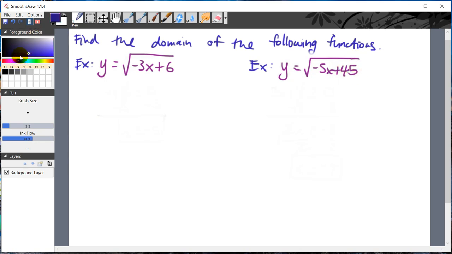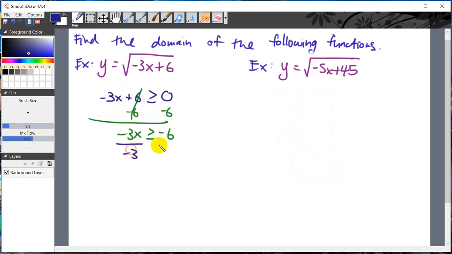All right, here we go. In order to find the domain of these functions, we need to set the inside greater than or equal to 0. Now we just solve the inequality. We can subtract 6, so negative 3x is greater than or equal to 0 minus 6, which is negative 6. Then we need to divide by negative 3.